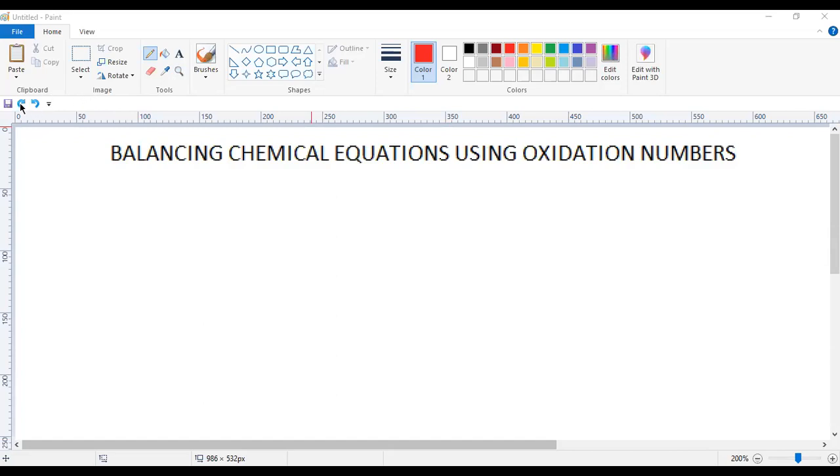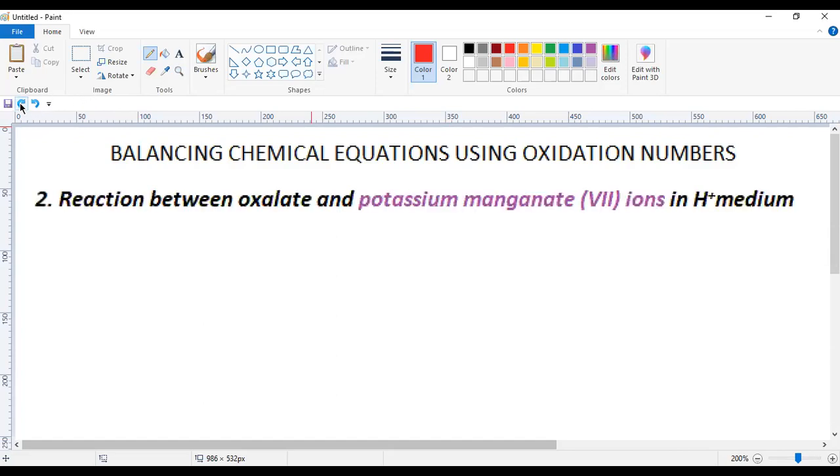Let's discuss a second example. In the second example, we have a reaction between oxalate ions and potassium manganate 7 ions. This also happens in acidic medium. The oxalate ion is given here. It is actually a dicarboxylate ion.